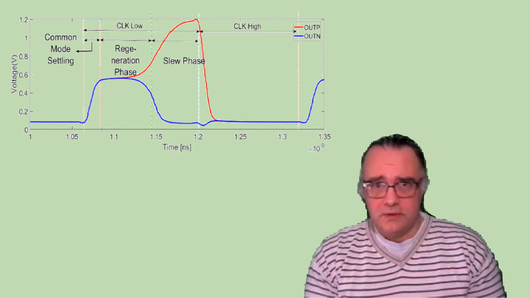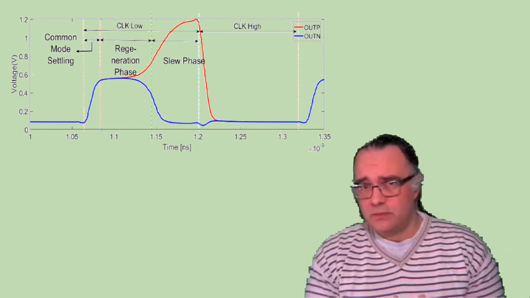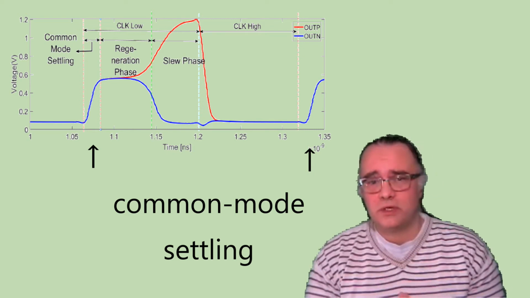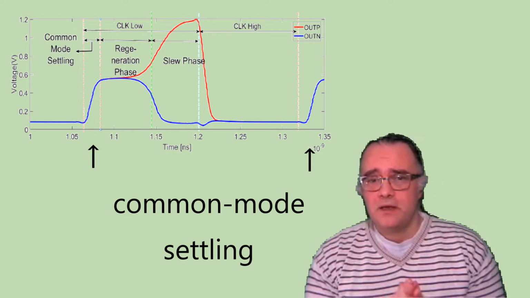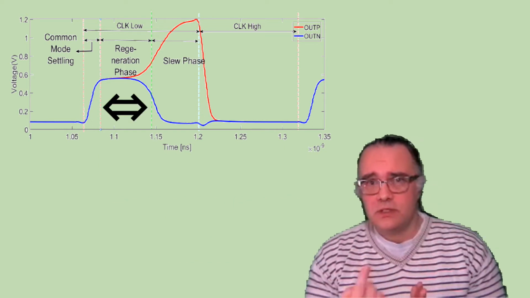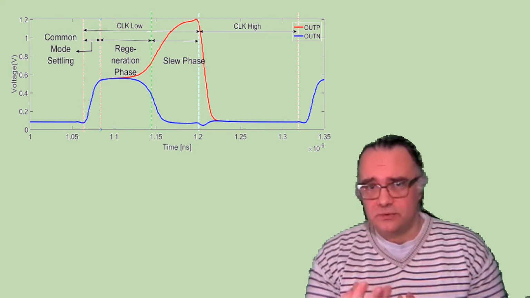Then you sample the input signal, and what you can see is that the output signals usually settle to a common mode level. Then you have the regeneration phase, where the latch works and its positive feedback loop works to settle the outputs to the correct values.